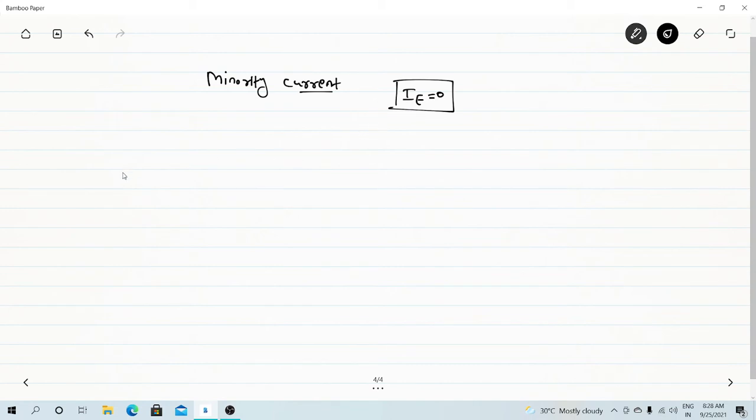So I will make this input section open circuit so that IE becomes 0, and this is my diagram. So this is the terminal emitter, but now you can see I have made this open circuited so that resistance will be infinity or current will be 0. And now I can show the diagram very well.